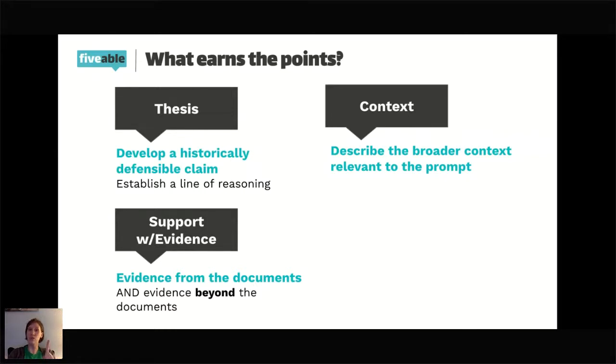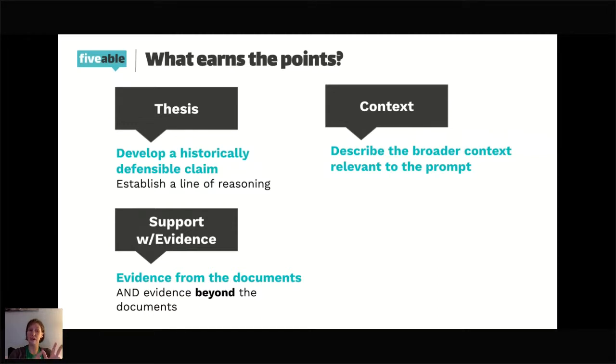1 point is for using evidence, just having evidence from at least 3 documents. You can earn 2 points if you have evidence from 6 of the 7 documents, and if that evidence is explained to support an argument, if there's some way that you're connecting that evidence back to an argument.